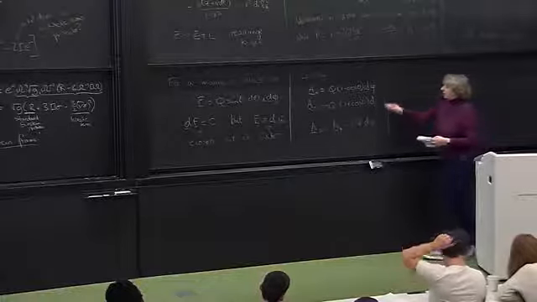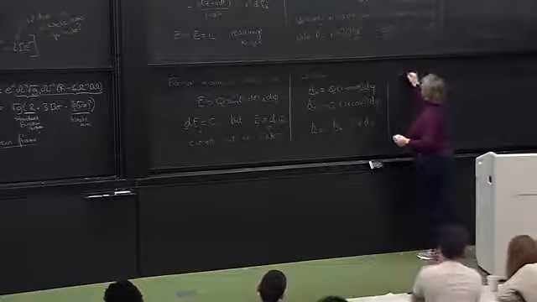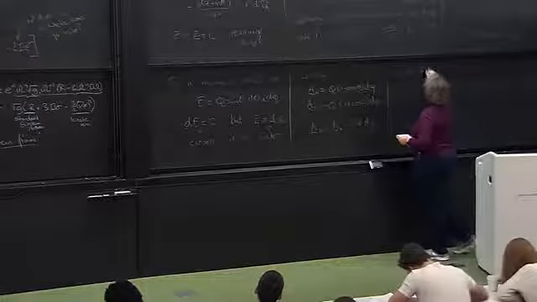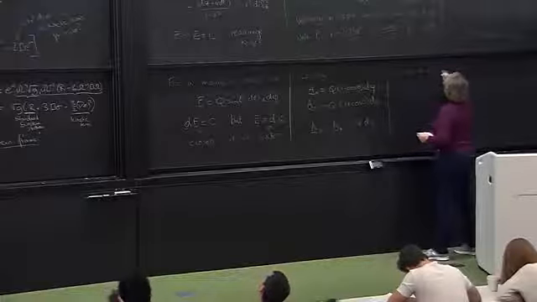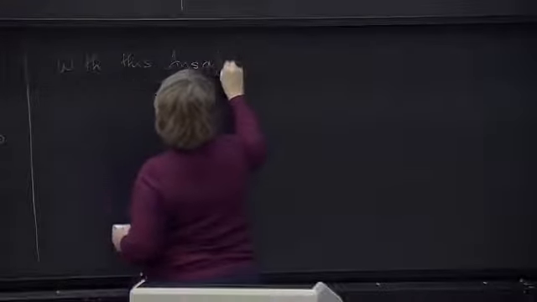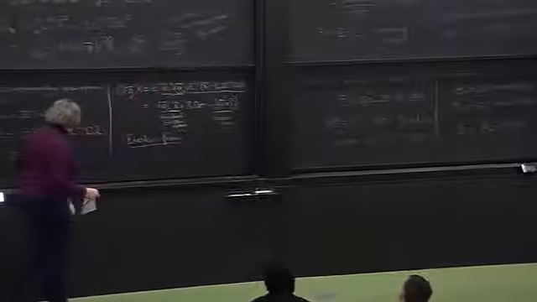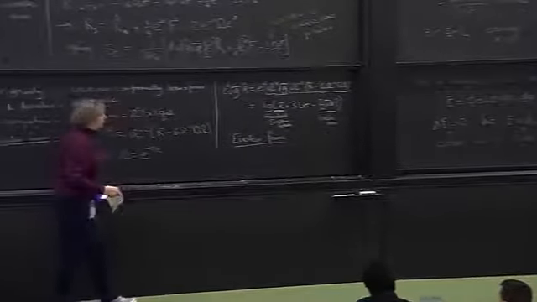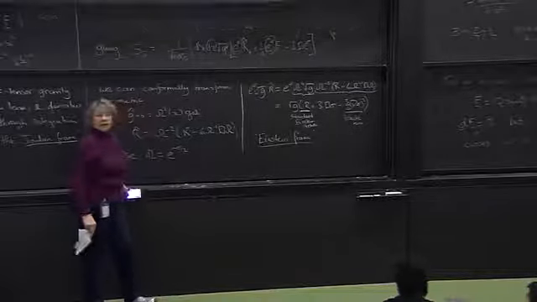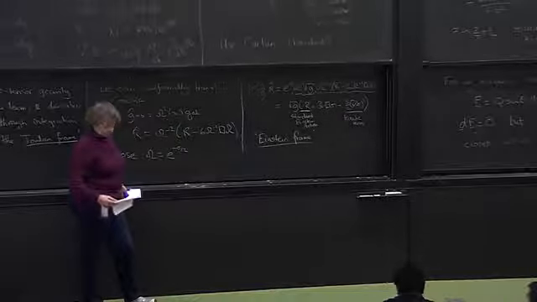So if I make this ansatz for A, in other words, I look for a solution of 5-dimensional gravity where my A mu up there is equal to one of these A's, A north or A south.